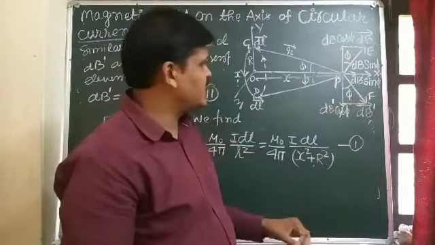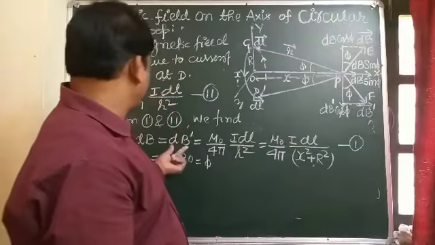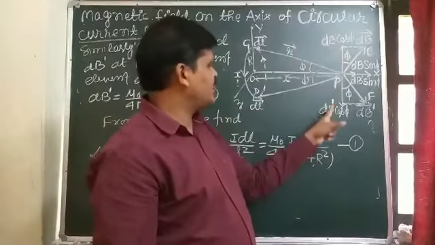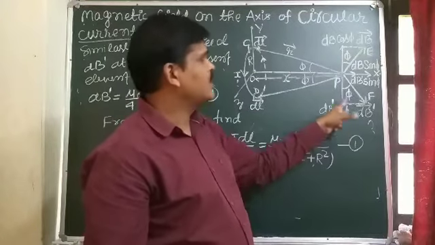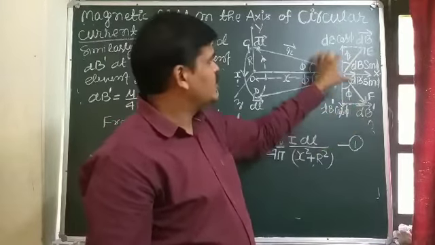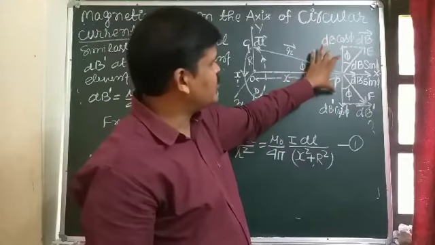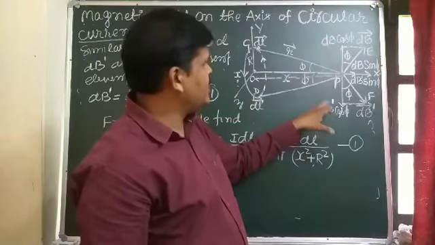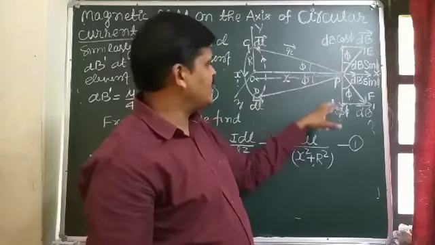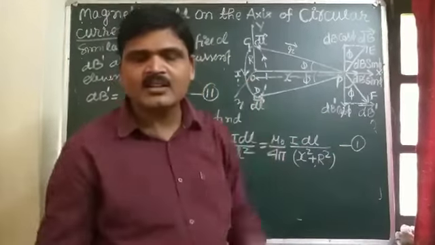And students, see that dB equals dB dash. So dB cos phi and dB dash cos phi, these components of dB and dB dash, act in opposite directions, and dB equals dB dash, so they cancel out.